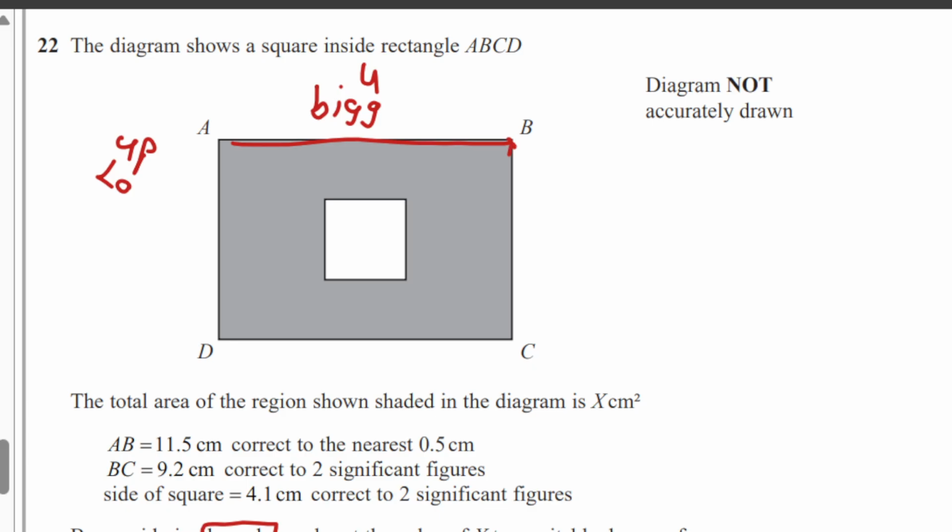We need BC to be the biggest, so we'll use the upper. And we need this to be very small, so we'll use the lower. Do you get me? So I'll use the upper bound and the lower bound to make the area the upper or the biggest value.